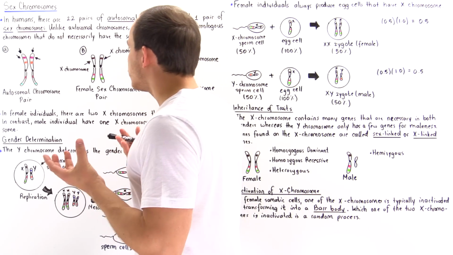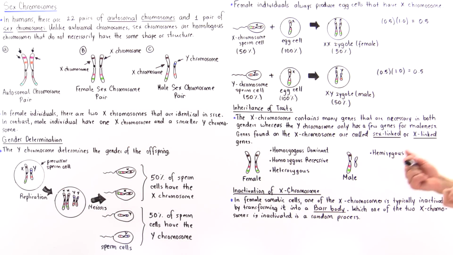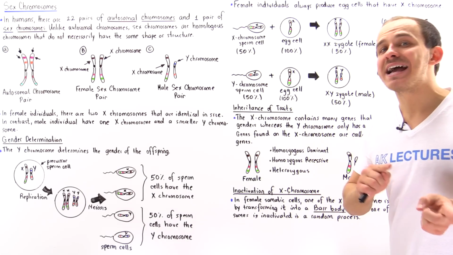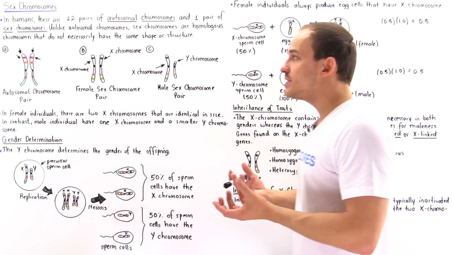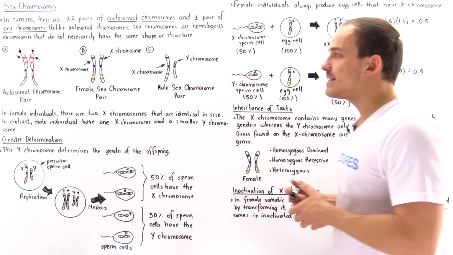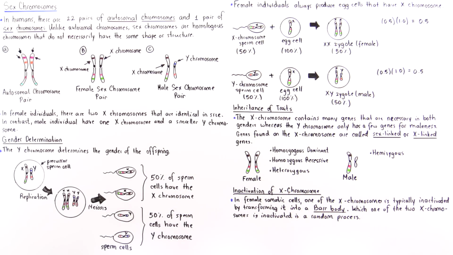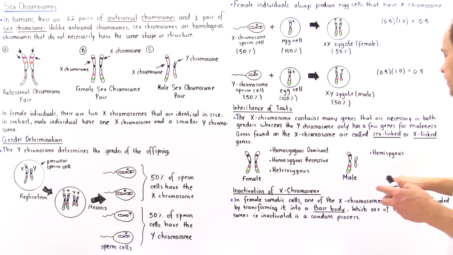Now, whenever we're looking at genes on the X chromosome, those genes are known as sex-linked genes or X-linked genes, and that's because these are the genes that express proteins that are necessary for the different types of traits that exist in males as well as females. So let's take a look at the female and then let's take a look at the male.